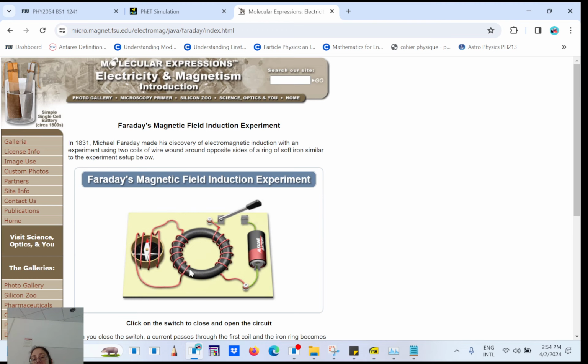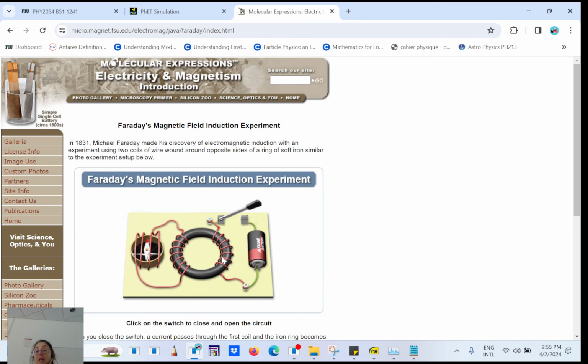Okay, so you see here you have soft iron, for example. The loop here, your circuit here, is not connected to it. But when you close the switch, the magnetic field is going to expand. The magnetic field will increase, but it will be trapped inside the donut.